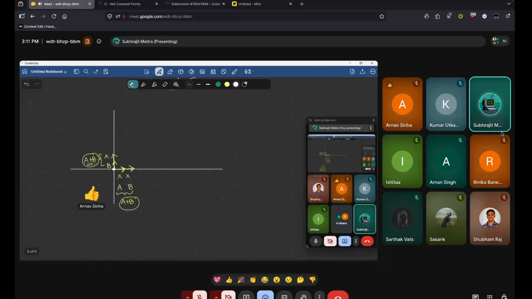Okay. Now, what is the other type of move that we have? It is a diagonal move. That is, first I go in the x direction and then I go in the y direction. Or else, first I go in the y direction and then in the x direction.